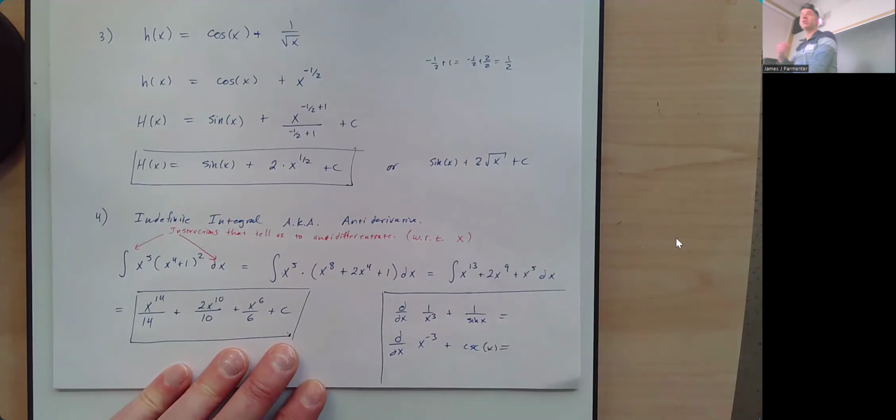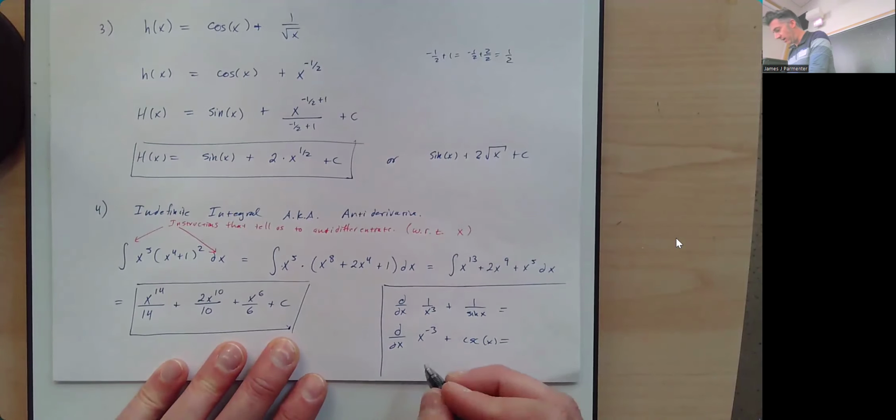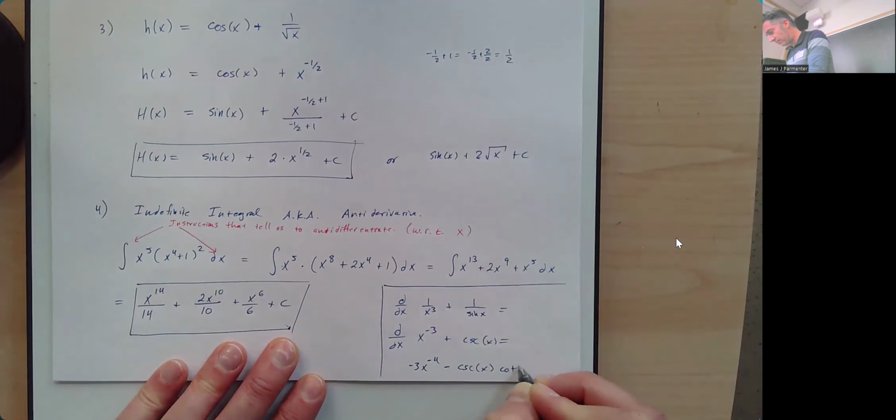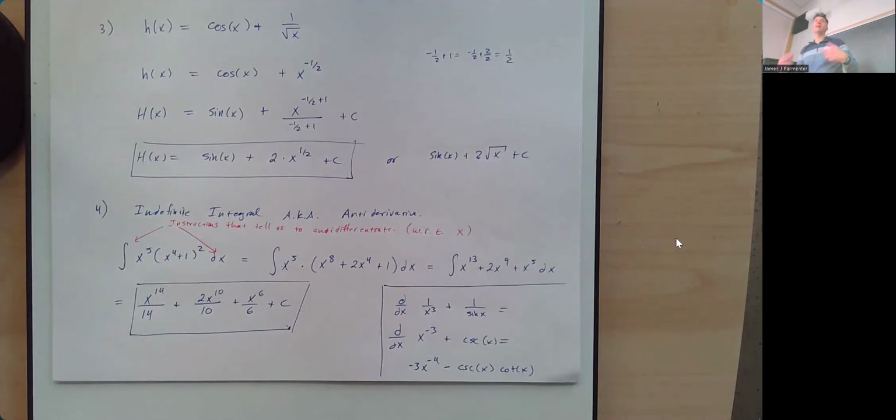And then I would actually do what the instructions tell me to do. So I no longer write the instructions, and I get negative 3x to the negative fourth minus cosecant of x times cotangent of x. So keep writing the instructions, just like we keep writing a limit or a derivative or an integral symbol until you've actually done what the symbol wants you to do.